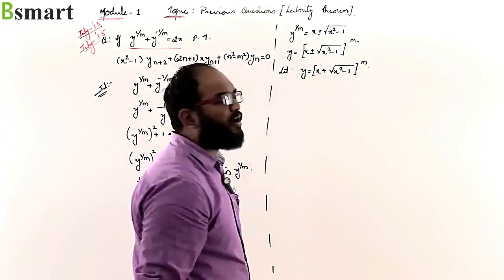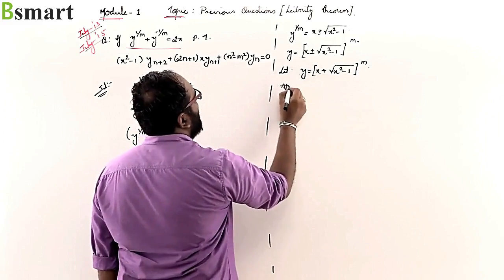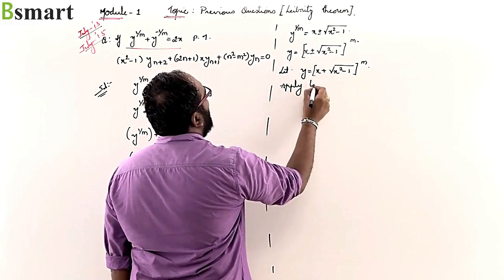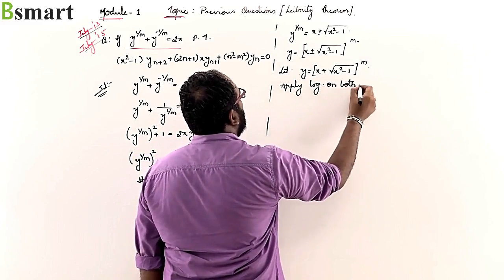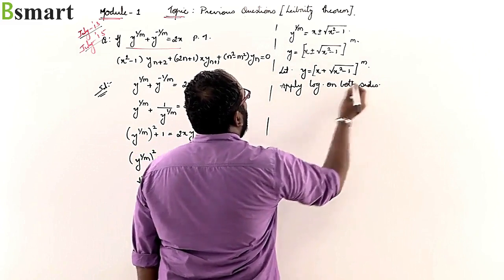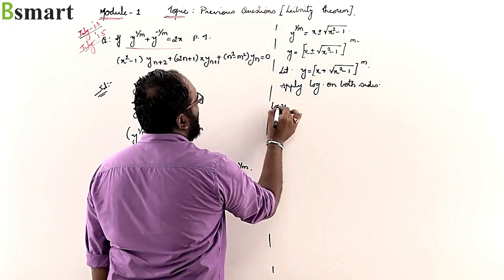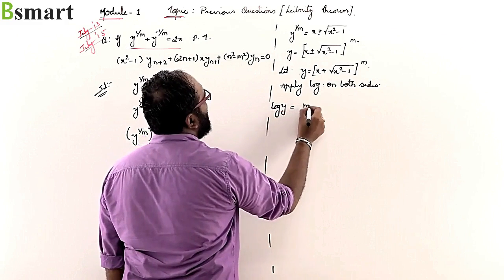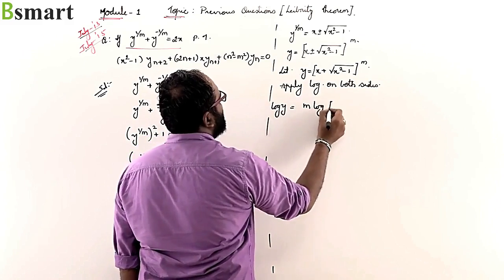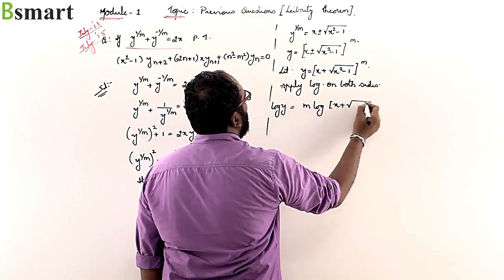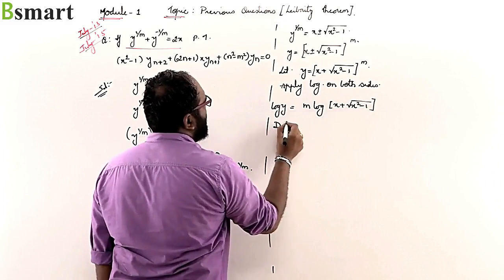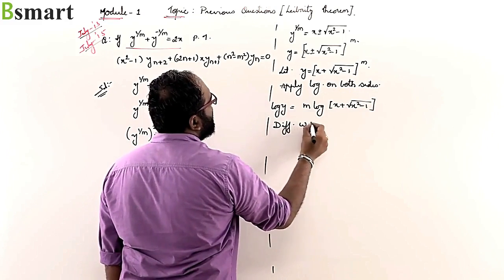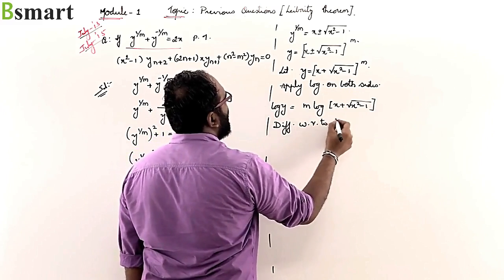Now if we are applying log on both sides, then log y is equals to m into log of x plus root over x square minus 1. Now if we differentiate with respect to x, so then what do we get?